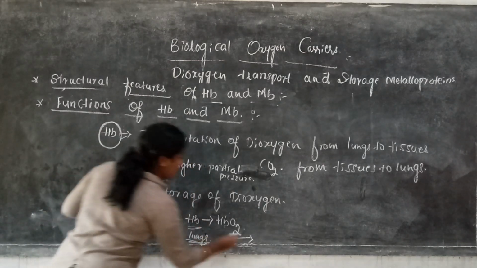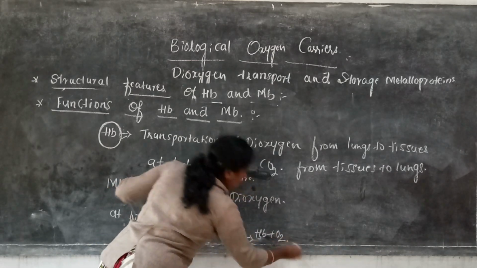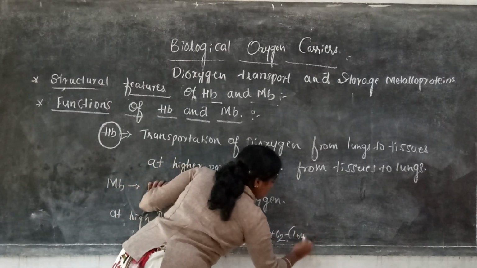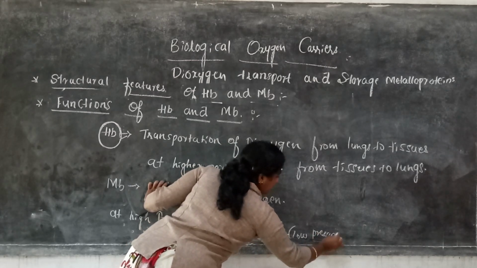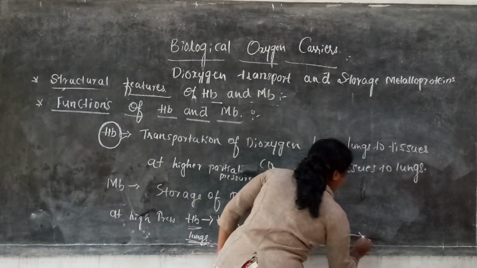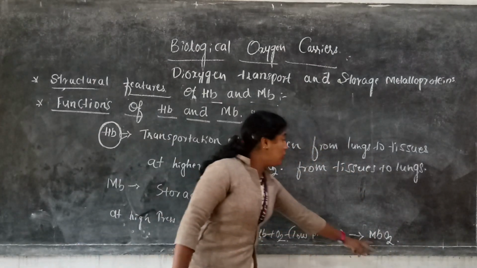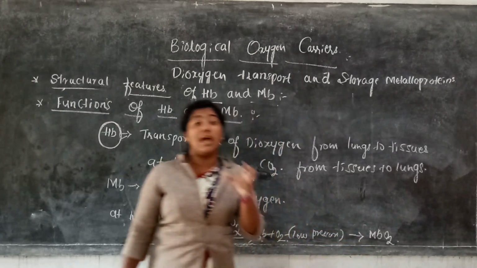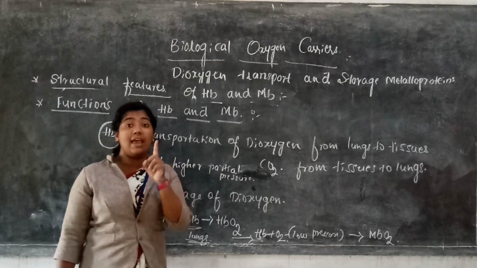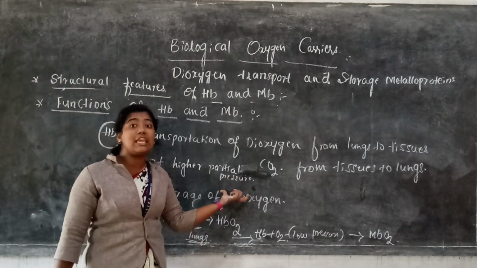The dioxygen dissociates at low partial pressure, and this dissociated dioxygen is picked up by myoglobin. At lower pressure, myoglobin has a higher affinity than hemoglobin to bind dioxygen because it has only one subunit of the prosthetic heme unit.